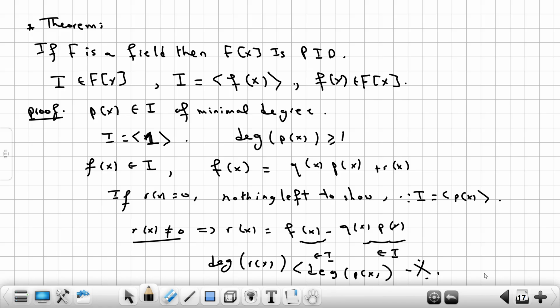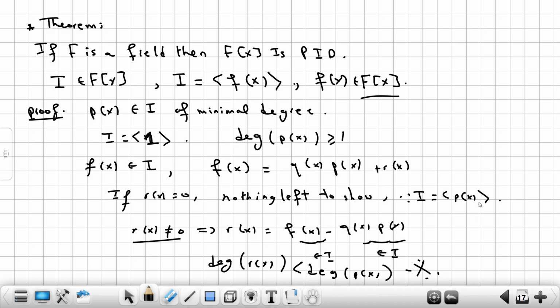And so each ideal in this ring F[x] is generated by the non-zero element of minimal degree in I, and so it's cyclic. And F[x] here is a PID, a principal ideal domain, when F is a field.